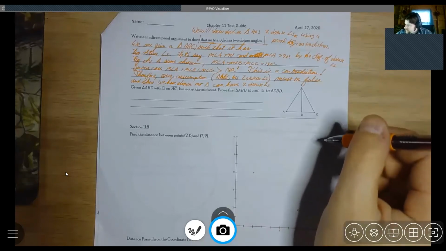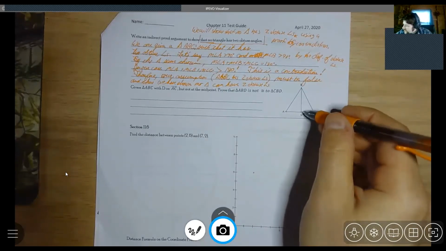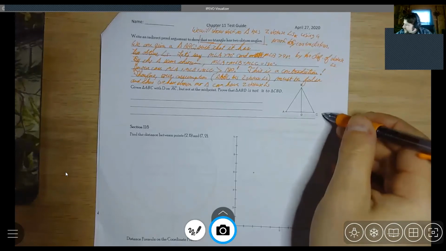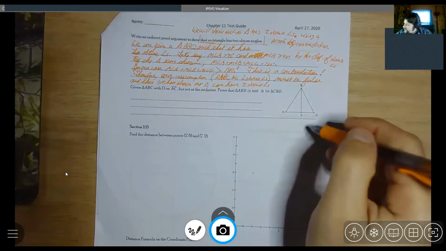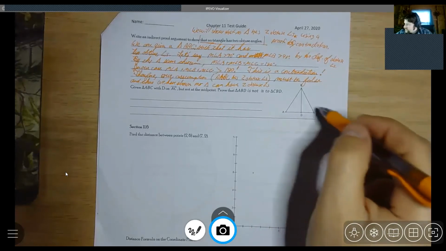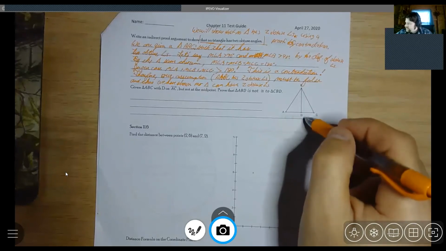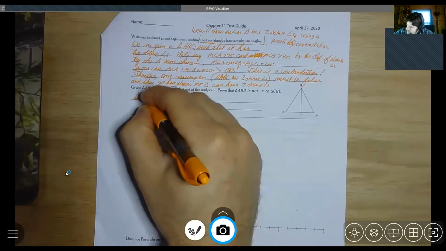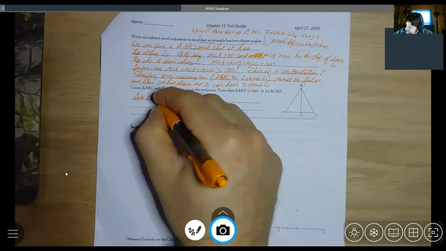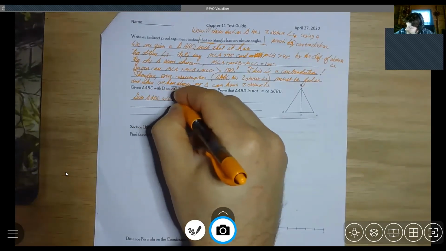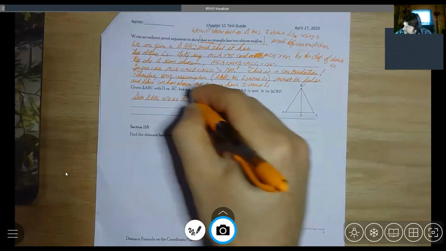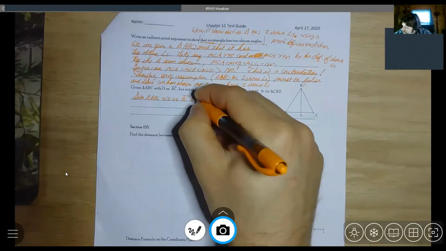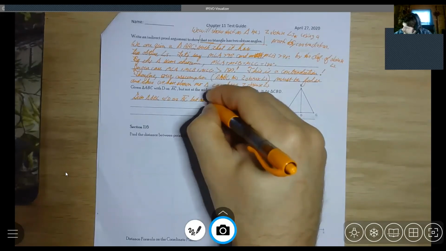All right, given triangle ABC with D on AC, but not at the midpoint. Prove that triangle ABD is not congruent to triangle CBD. So write the given: given triangle ABC with D on AC, but not the midpoint.